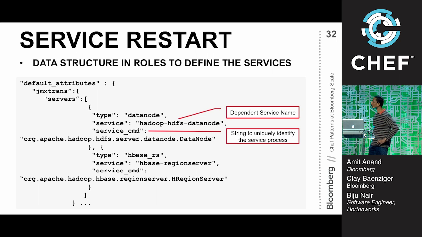The key things to remember are the service name on which JMX trans is going to be dependent, and also an identifier or a string which can identify any process which got started by that service. So that's two pieces of information. If there are any new services coming up which are going to run on this node, then users can go ahead and update this data structure.